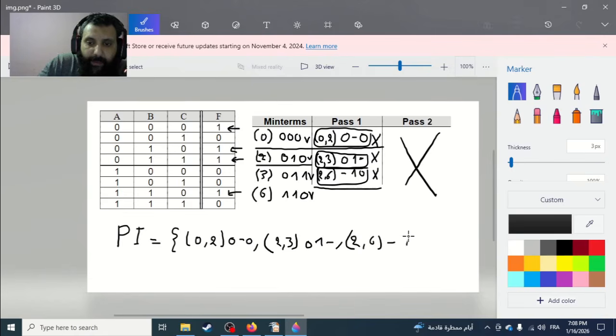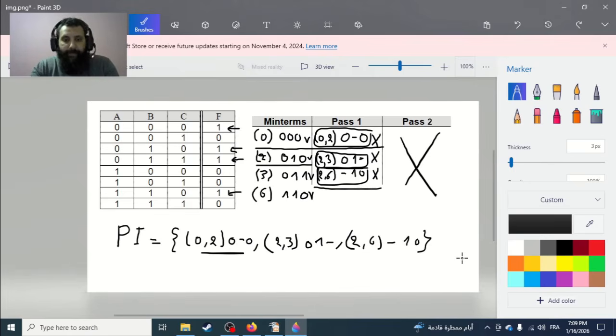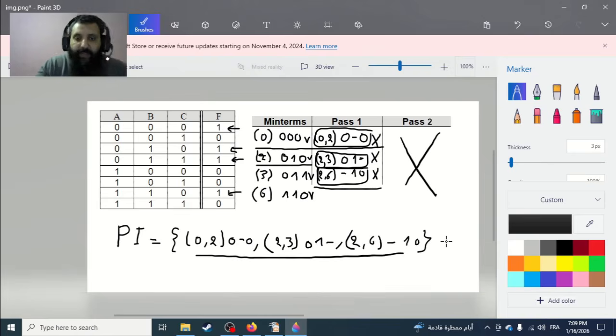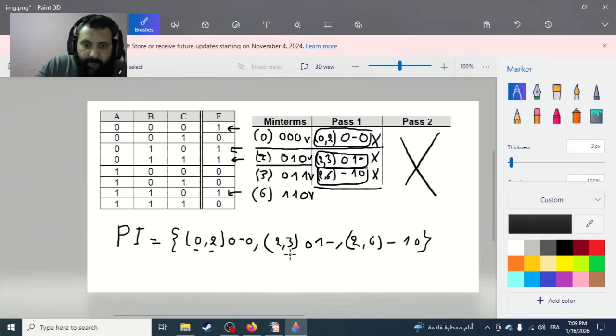The prime implicants are the implicants that cover all the min terms. That means, for instance, we have 0, 2, 3, 6, and you have to find them there. You can find the 2 here, the 0 here, the 3 here, this 2 repeated, and the 6 here.